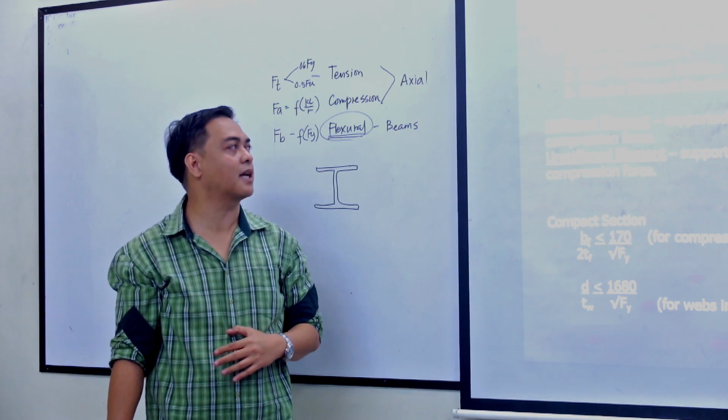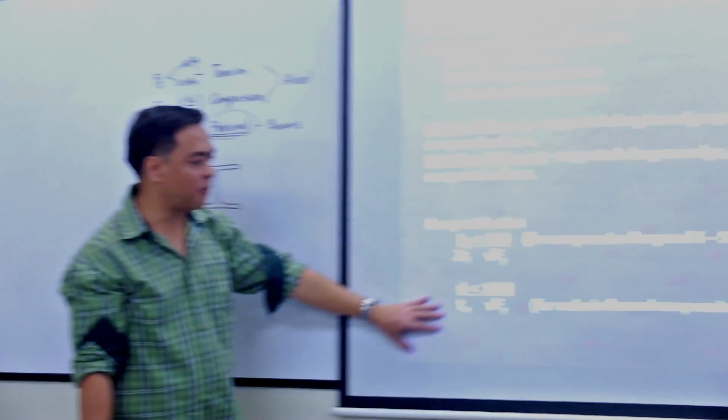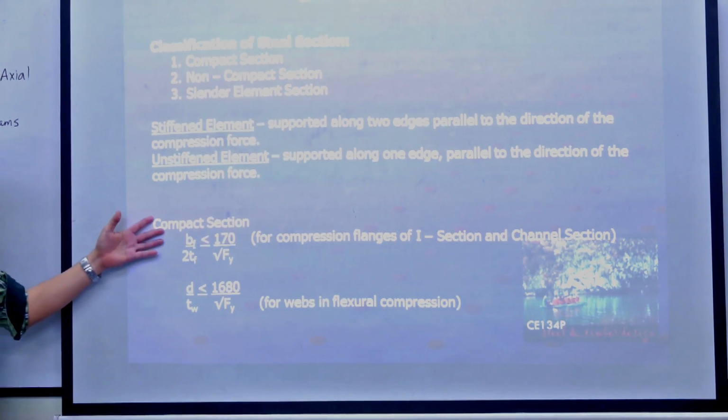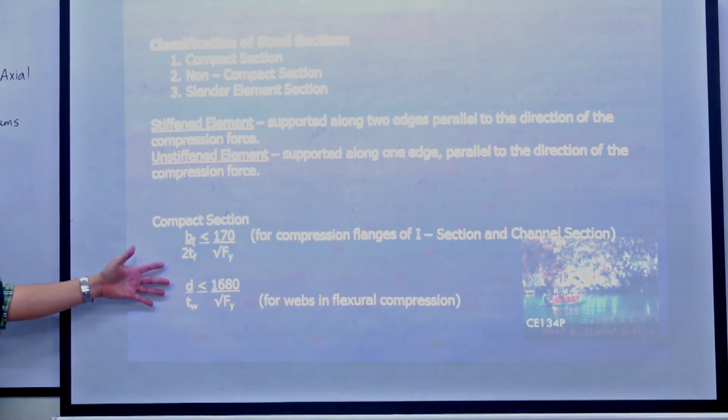Right, so built-up sections. Now, from the code provision that we have from NSCP, as NSCP is based on the AISC, so we're based on the American code, we have these equations for us to check the compactness of the cross-section.